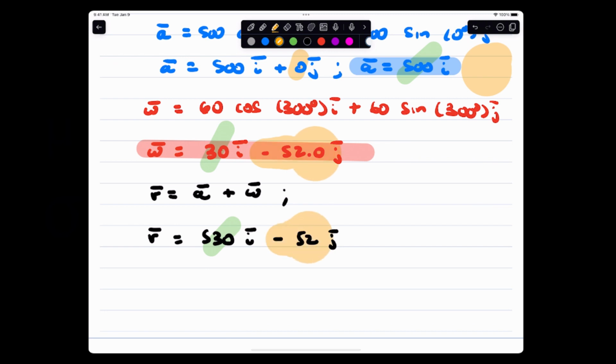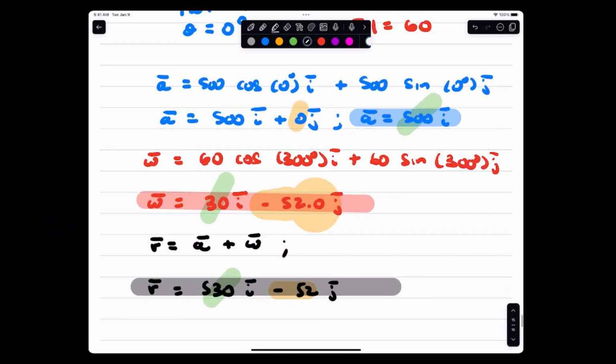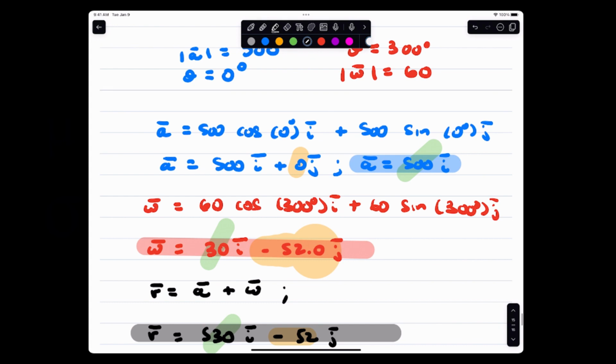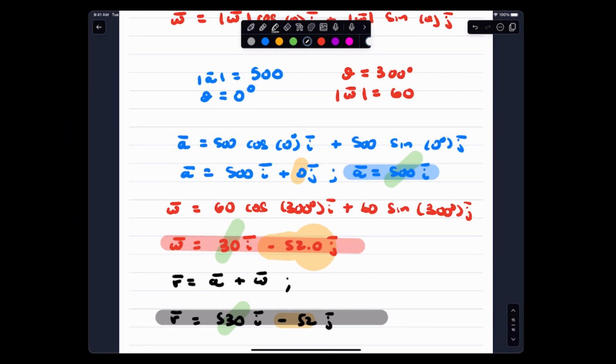Well, that's negative 52 here. So the point I'm making is we don't even have to use our calculator to get the resultant vector. You're looking at all the information you need here to get the resultant vector. That's what they're looking for.